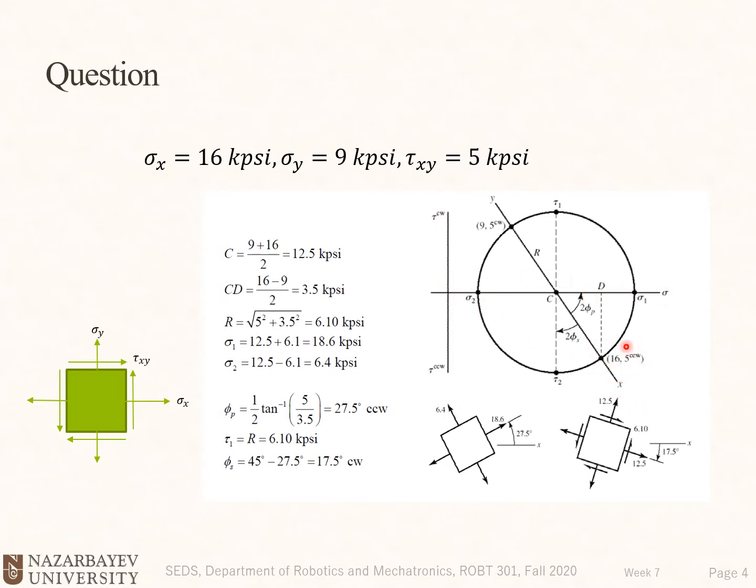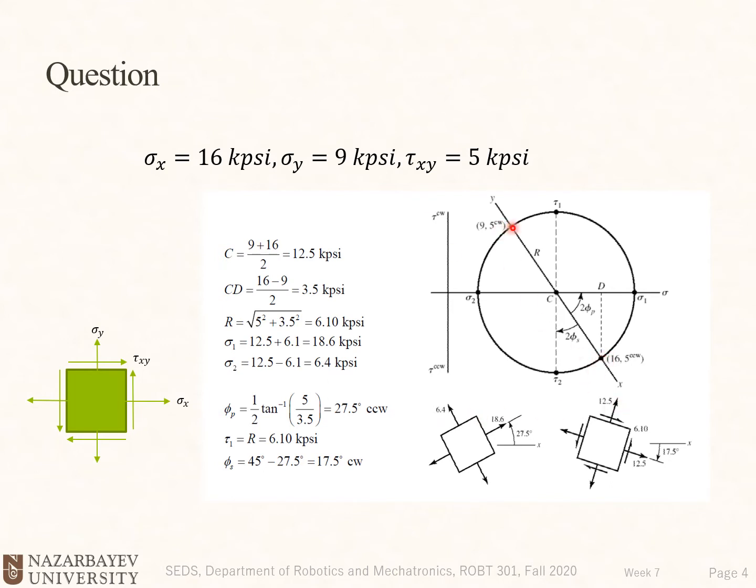And the tau xy here is negative because basically it's counterclockwise, it tends to rotate the element counterclockwise. So it falls into the negative territory of the tau axis here. So we have our first point.